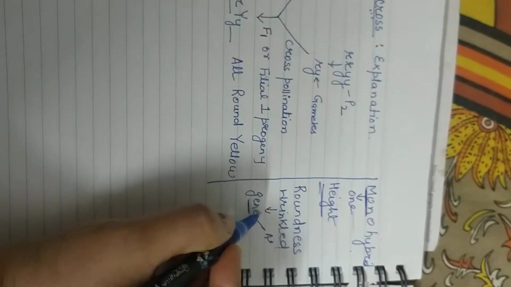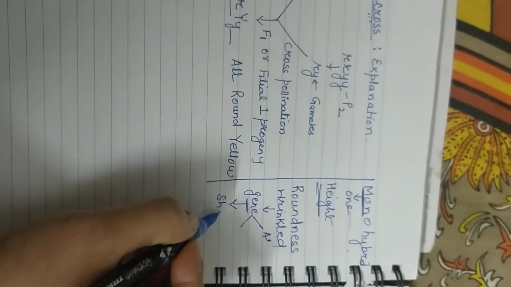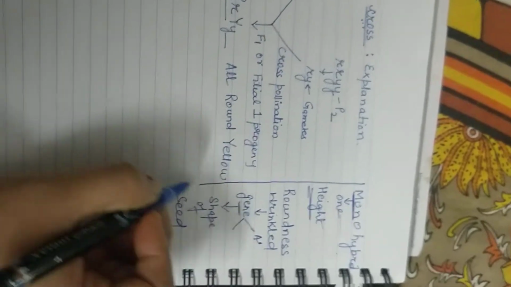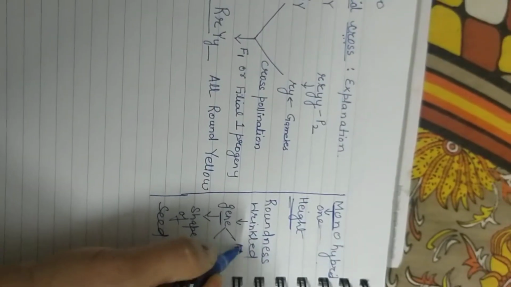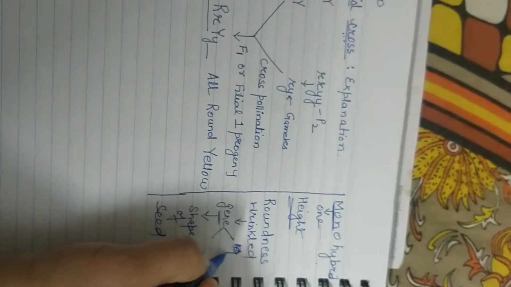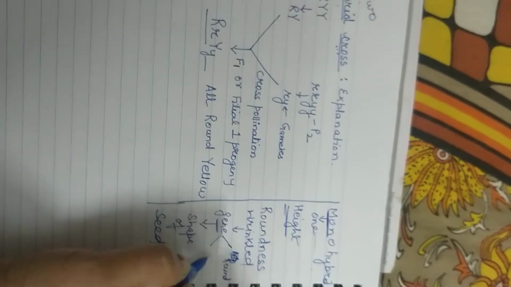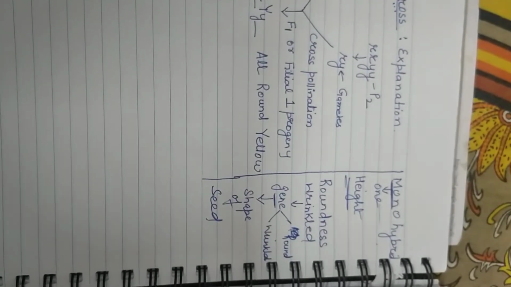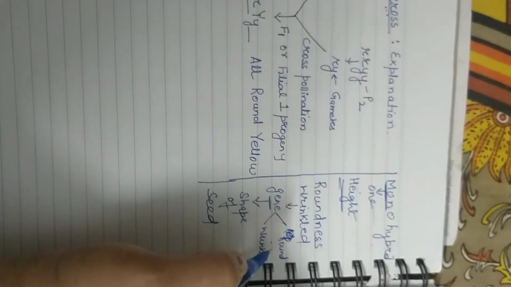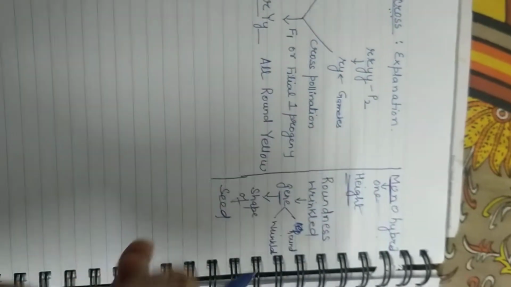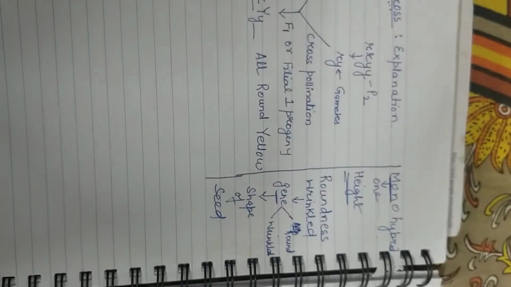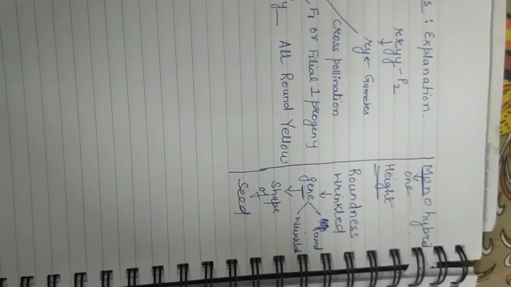Here the gene is governing the shape of the seed, and the two alleles are roundness and wrinkled, meaning the alternative forms. Every gene has alternative forms, and when Mendel studied the dihybrid cross, he took the seed shape, that is roundness, and the alternative form of the gene was a wrinkled seed.